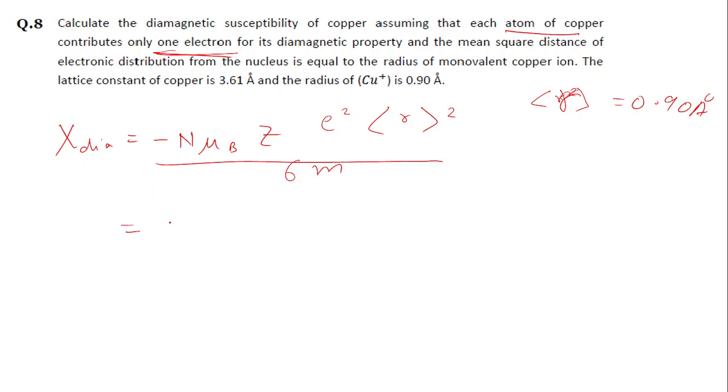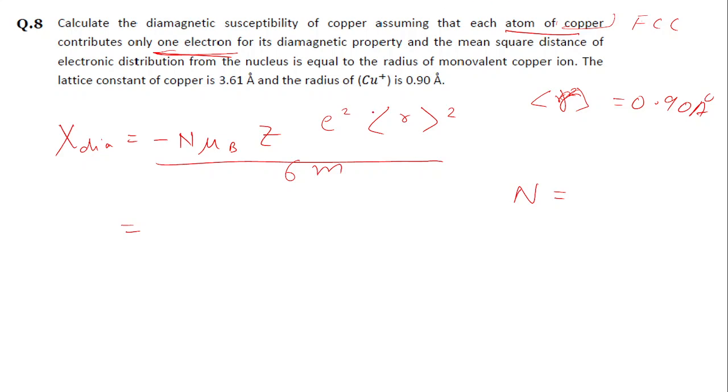Putting all these values here. For n, the number of atoms per unit volume, we are talking about copper. Copper is FCC, and we have discussed this several times that an FCC unit cell has 4 total atoms: 1 contribution coming from all the atoms sitting at the corners, and 3 atoms total we get from 6 atoms sitting on the faces.